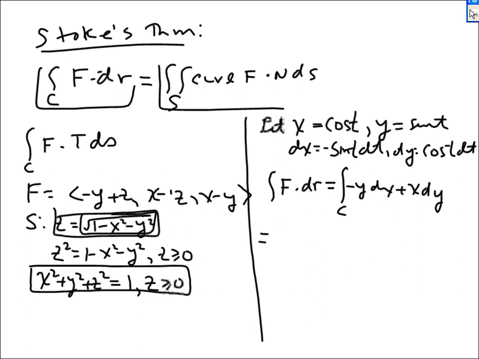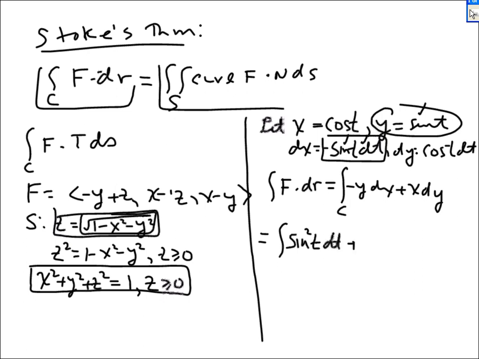But negative y would be negative sine t, and dx is negative sine t dt. Negative times the negative will cancel out, and the sine t times the sine t gives you sine squared t dt, plus x dy.